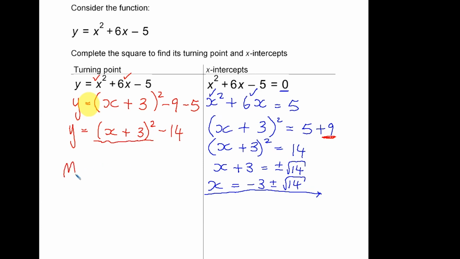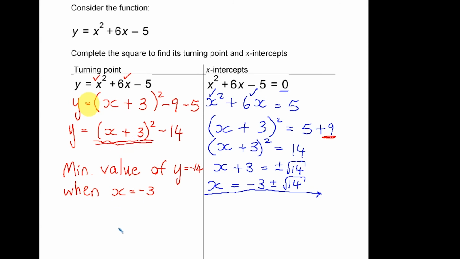So the minimum value overall for y is minus 14. And that happens when x is minus 3.